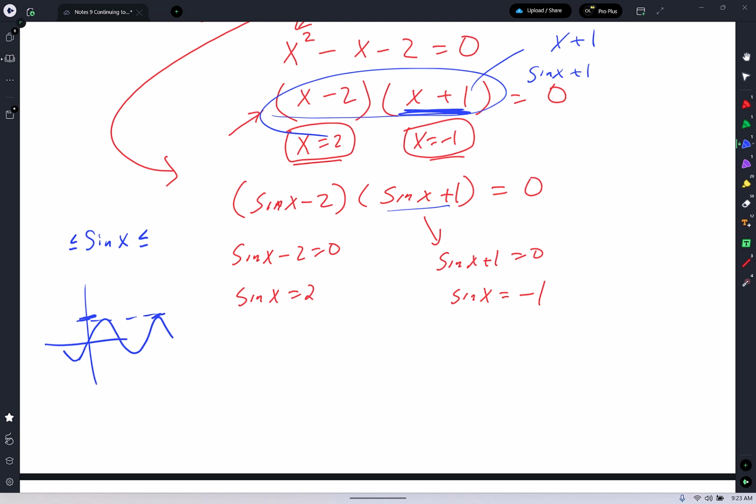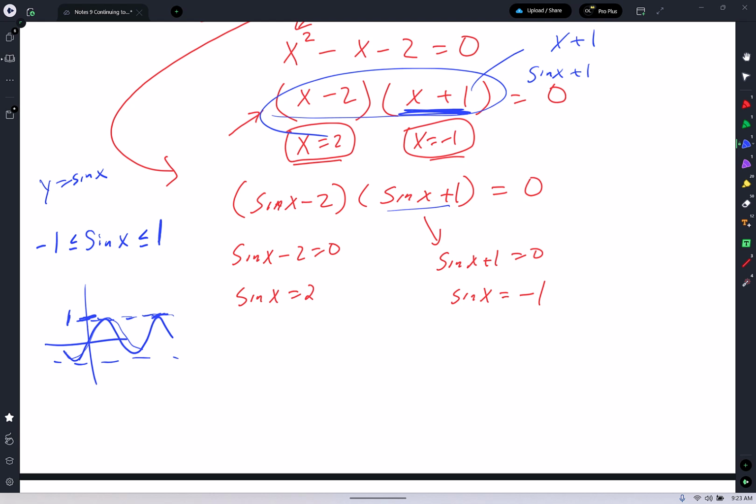Not 2. What's the maximum value? If I were to tell you y equals sine x, what's my max? 1. The biggest sine x can be is 1. The smallest sine x can be is, no, not 0, it can be smaller, -1.